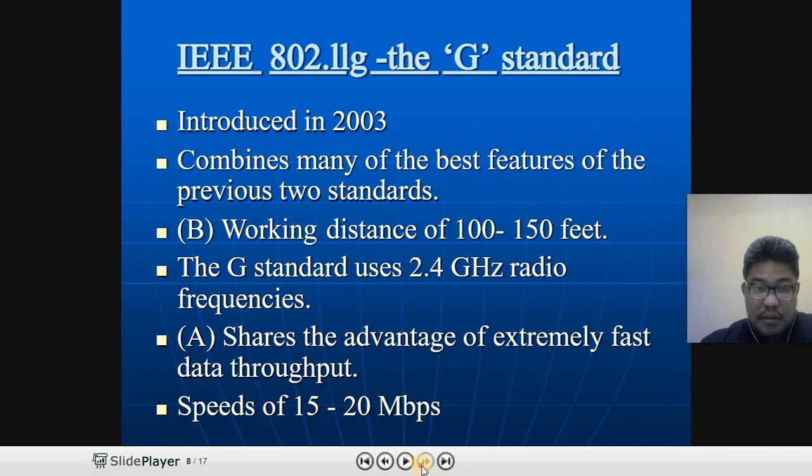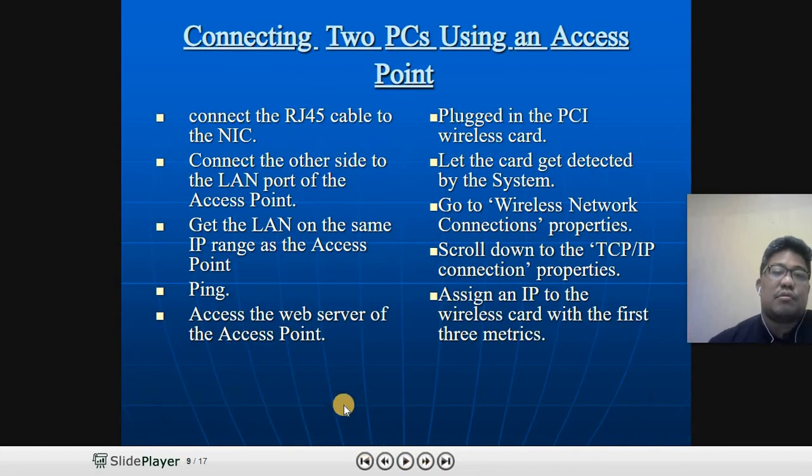Okay. Next, connecting two PCs using an access point. Pagka may access point ka, therefore you are eligible to have a Wi-Fi connection. Connect the RJ45 cable to the NIC. Kung magko-connect tayo, example ko rito yung piso Wi-Fi ko.